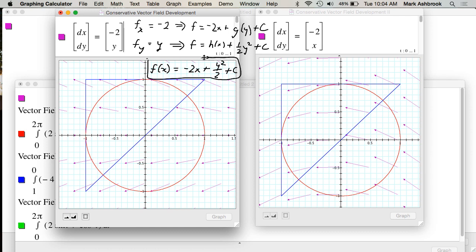Conclusion about field 1? It's a gradient field. And this is the potential function, right? The potential function is that, f of x, y. This is a gradient field, and that's the potential function.